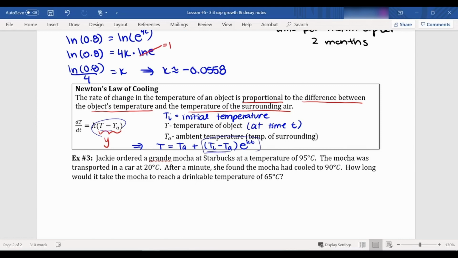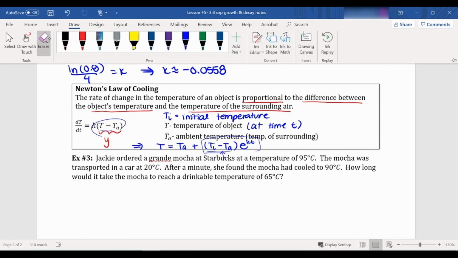And so this is our C, our initial value.